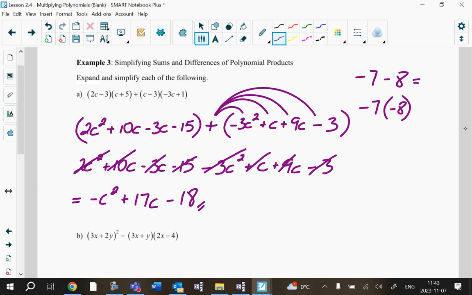Many students seem to think, oh, I'm combining two negatives, so the answer is going to be positive. No. You're adding two negatives. So if you've got 7 negatives to start with, and you're putting in another 8 negatives, that's the total of 15 negatives. But if you're multiplying them, that's when it becomes positive, and then you just multiply the numbers. Remember the difference. Okay?